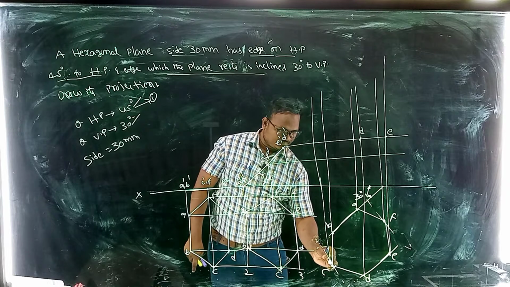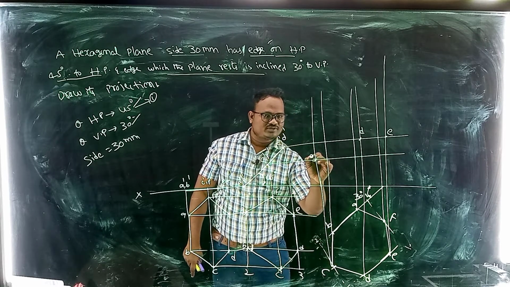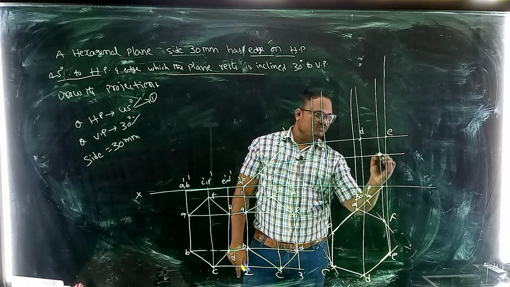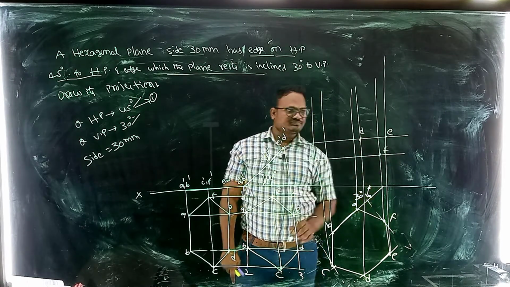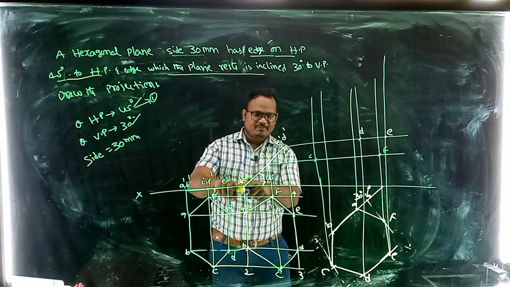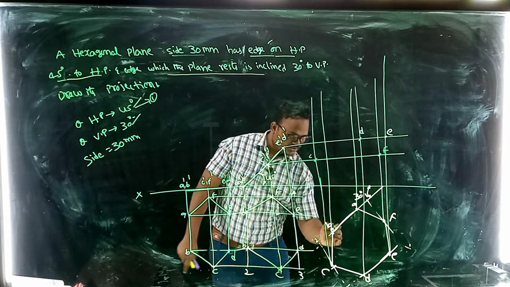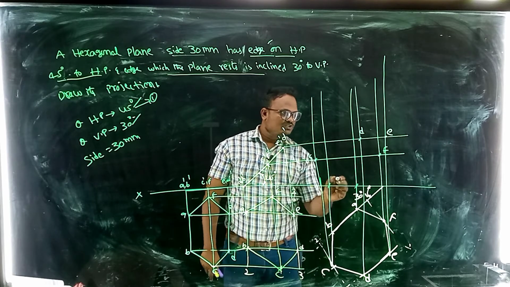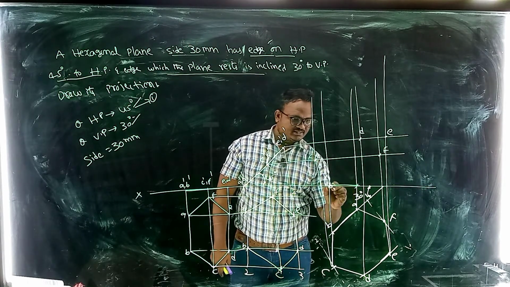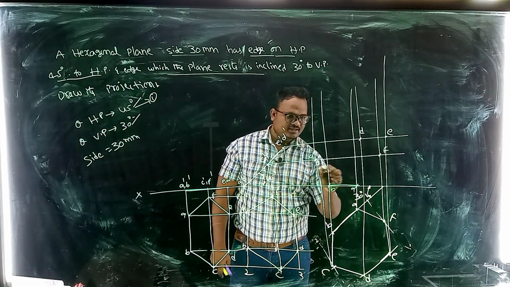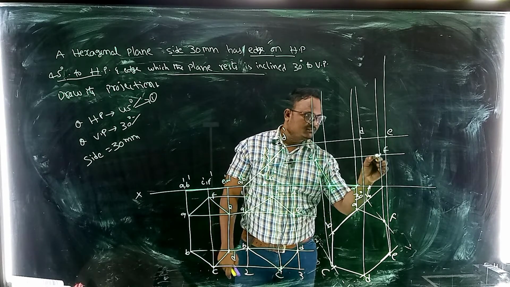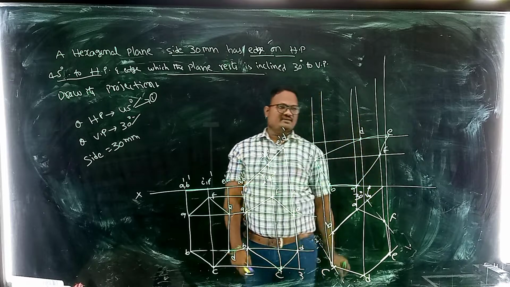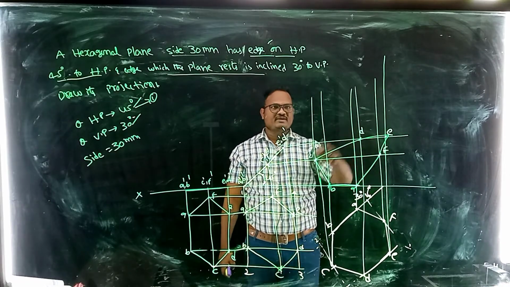So C is going to coincide here, F is going to coincide here. Next coming to the AB horizontal. So B coincides here, A is going to coincide here. So this is B, this is A. By joining all the marked points, you will get a compressed hexagon. So here we will get a compressed hexagon.